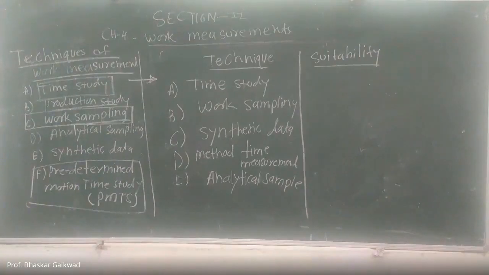So predetermined motion time study we will see separately. And for the production study, we only require a quantity. So whenever production-based things are there, maybe batch production, mass production, or group production, for this purpose we can use the production study.